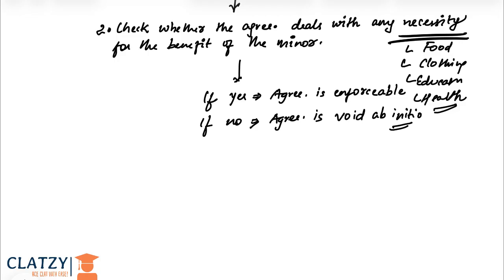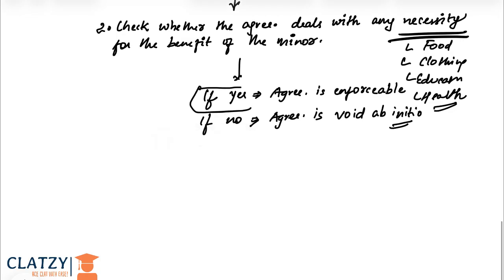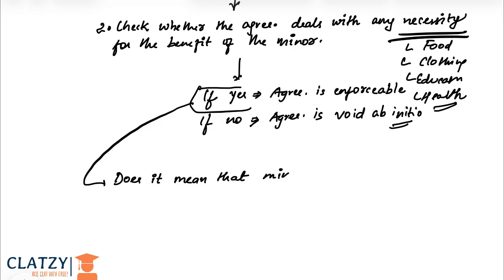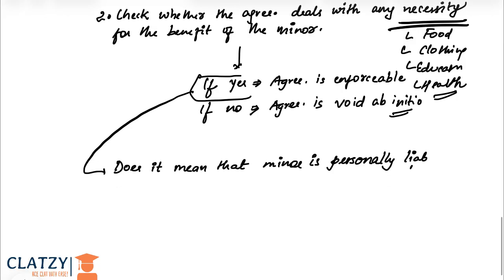All right. Now, for the first category, we saw that agreement is enforceable. Does it mean that minor will have to pay from his pocket? Does it mean that minor is personally responsible or personally liable? Let's say NLSIU example, the college gives admission to the orphan and the college knows that the agreement is enforceable because it is for a necessity which is for the benefit of the minor, for the orphan.